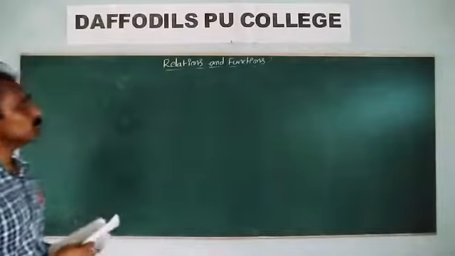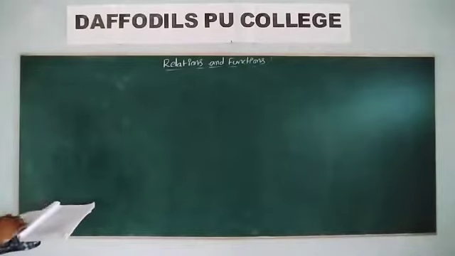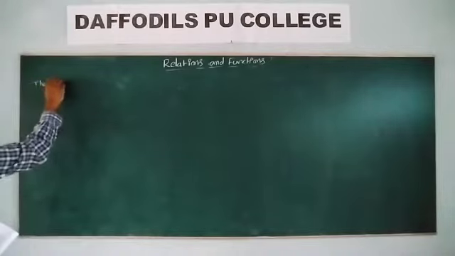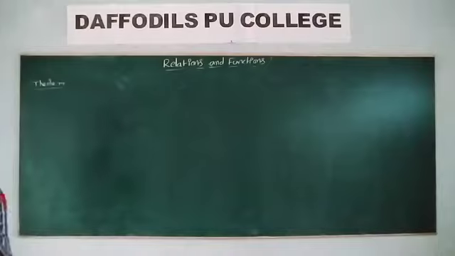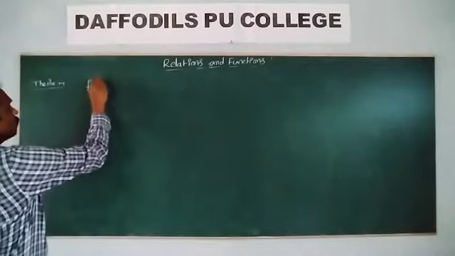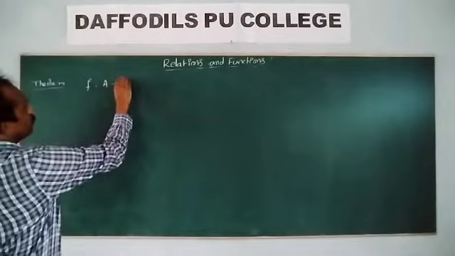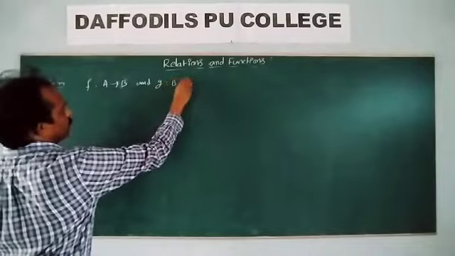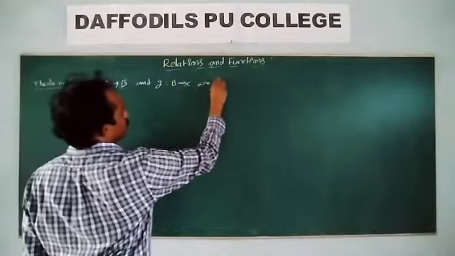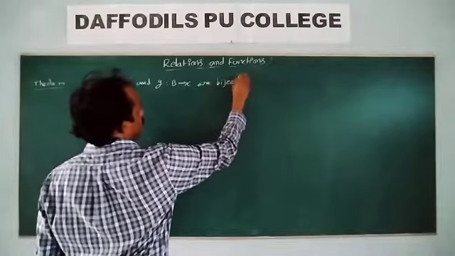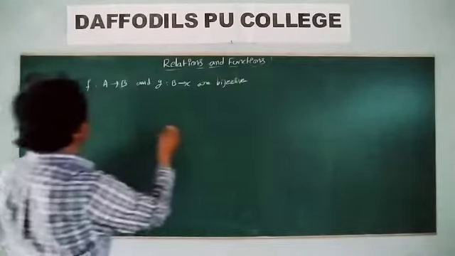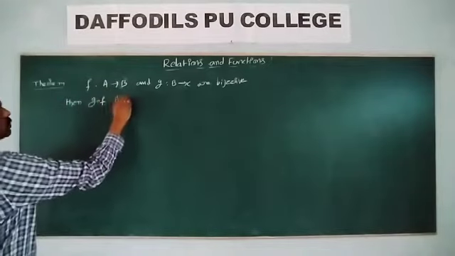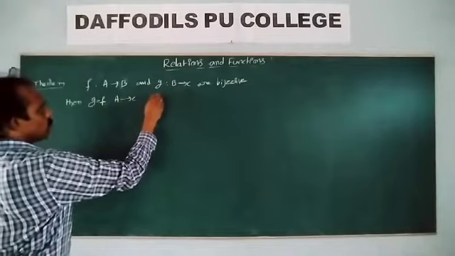Right. One more theorem. Suppose F maps A to B and G maps B to C are bijective functions, then G circle F maps A to C is also bijective.